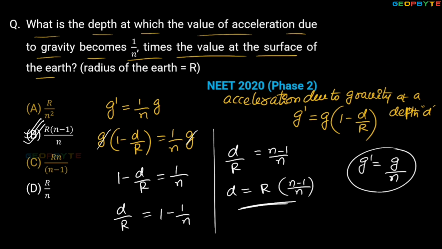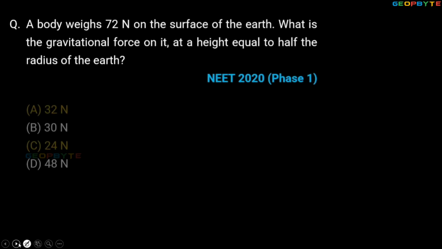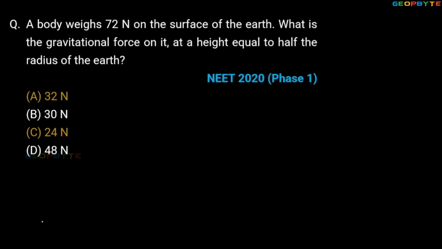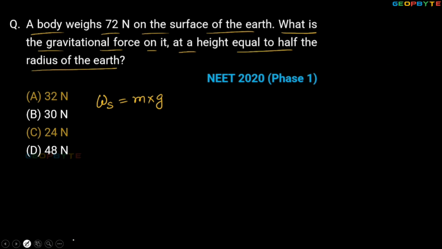Understood? Yes, easy problem. Similarly, let us take another important problem asking like this. A body weighs 72 newtons on the surface of the Earth. Weight of the body on the surface equals mass into acceleration due to gravity on the surface. What is the gravitational force on it at a height equal to half of the radius of the Earth?